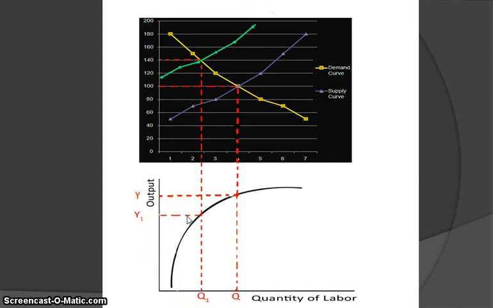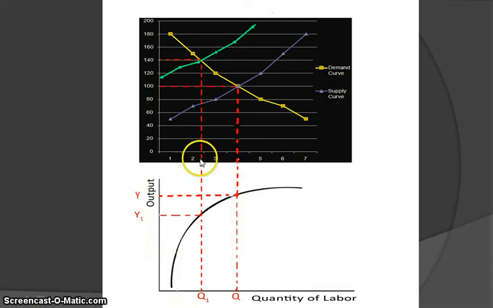The demand curve for labor is downward sloping from left to right. The supply curve for labor is upward sloping from left to right. Having these two curves in the model gives rise to an equilibrium real wage and equilibrium level of employment. In that, we see 4 workers will supply their labor and 4 workers will be hired.